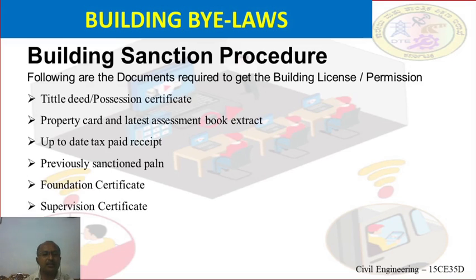Another one is the supervision certificate. Before discussing the supervision certificate, the foundation certificate, which includes the present conditions of the soil, whether it is fit for construction or unfit for construction, has to be produced for getting the permission.